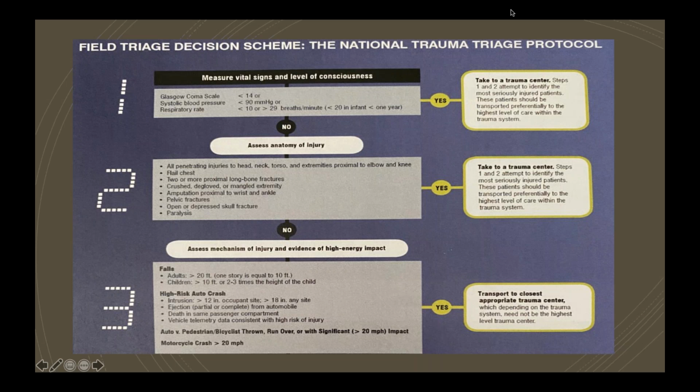So all penetrating injuries to the head, neck, torso, and extremities proximal to the elbow and knee, trauma code.